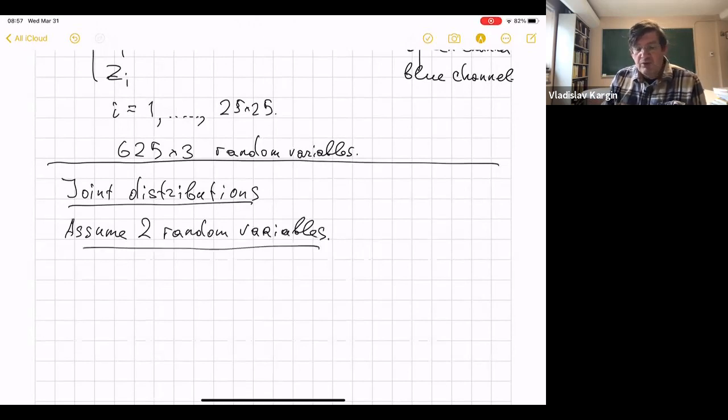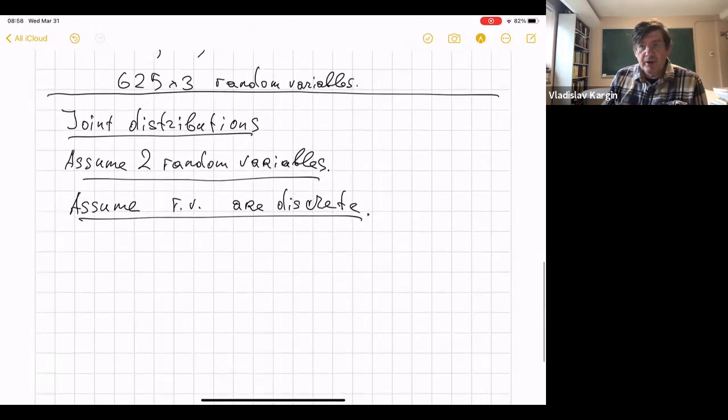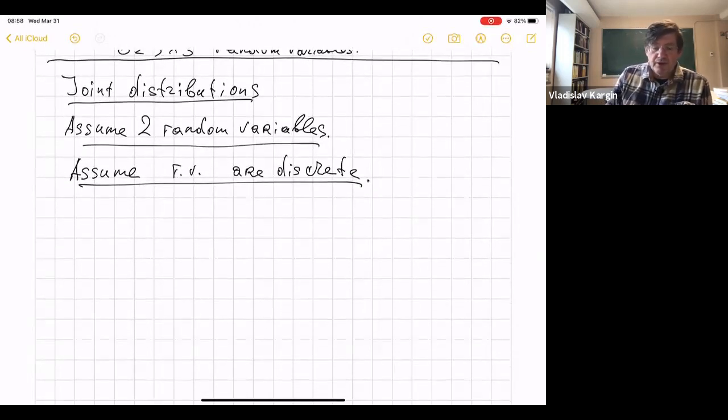And for now, assume also that these random variables are discrete, right? Because it's simpler. When we're talking about continuous, we don't need any densities or something like that, we just need probability of the outcomes. So assume random variables are discrete. After that, we can generalize to continuous random variables.